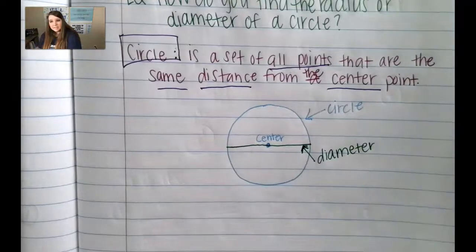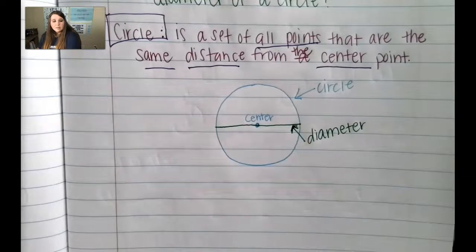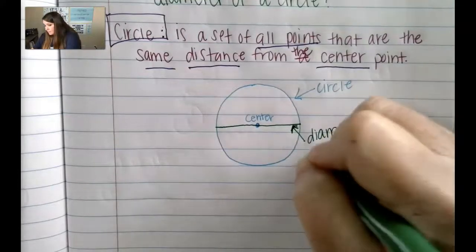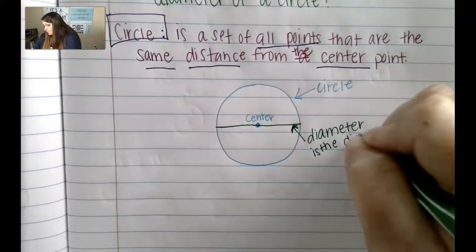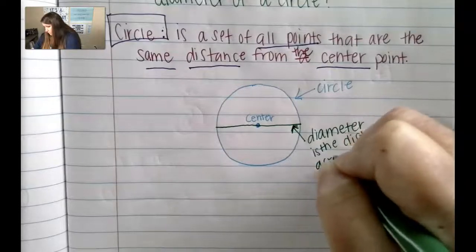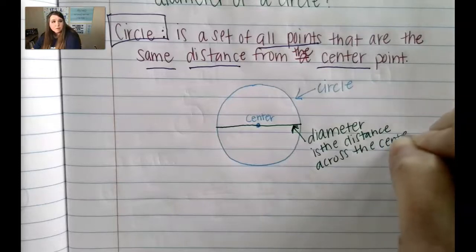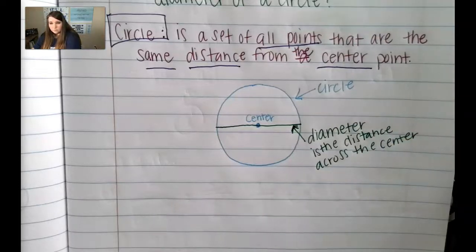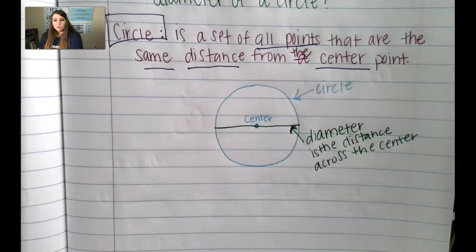And the diameter is the distance across the center of the circle. So it's the line that runs from edge to edge, cutting that center in half.